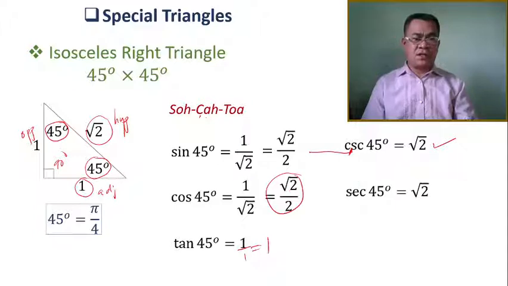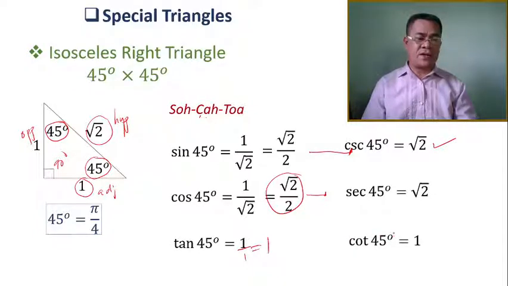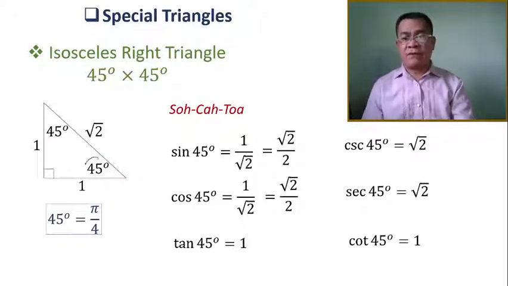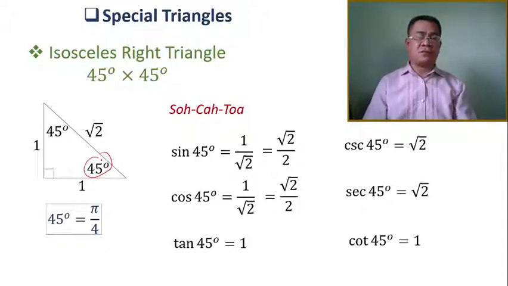Again, since the reciprocal of cosine is secant, you reverse this one and it is the same, square root of 2. Now for the tangent, the reciprocal of tangent is cotangent. The cotangent of 45 degrees is equivalent to 1. So these are the 6 trigonometric functions for the 45 degree angle.